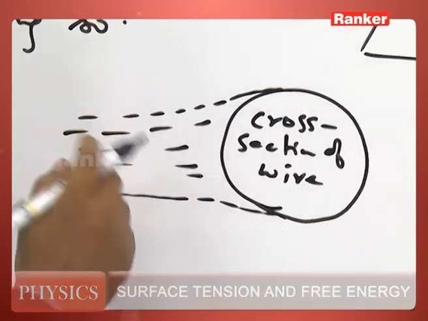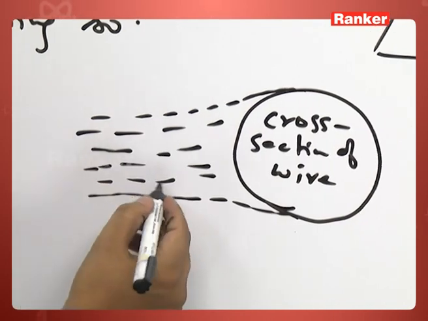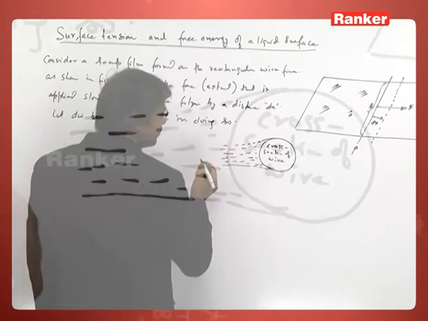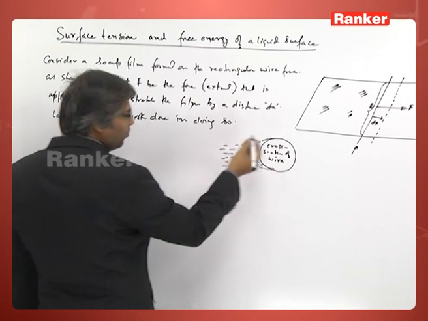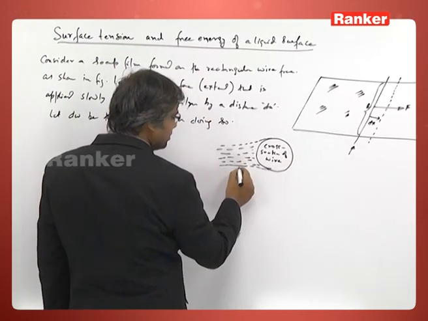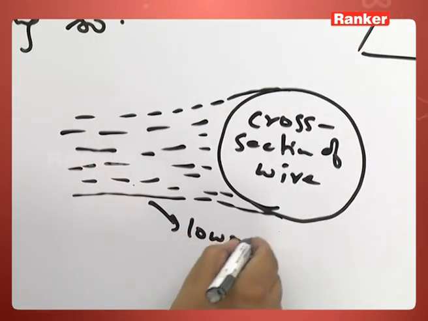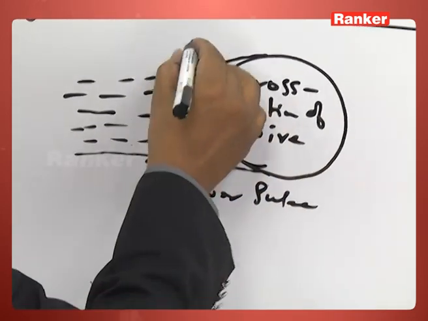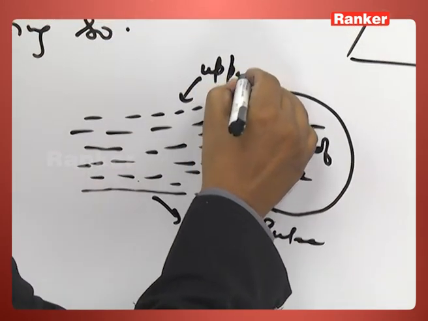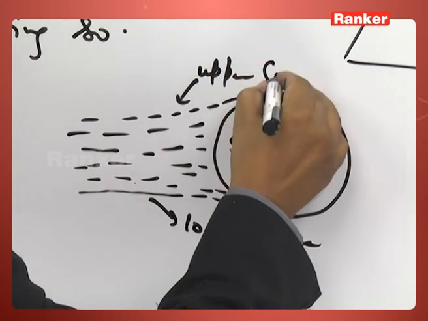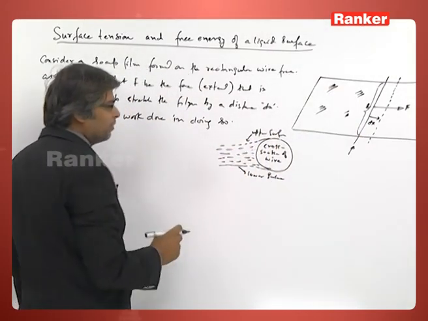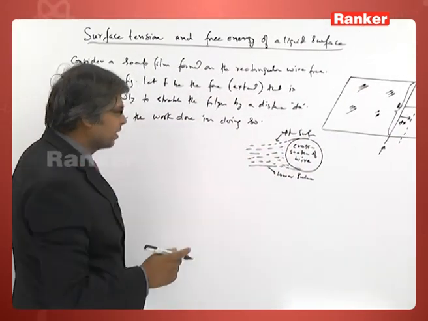This film has a very small thickness, and you can see the liquid inside this. So, there are two surfaces, one is the upper surface and this is the lower surface. Any film like this will have two surfaces, upper and lower.